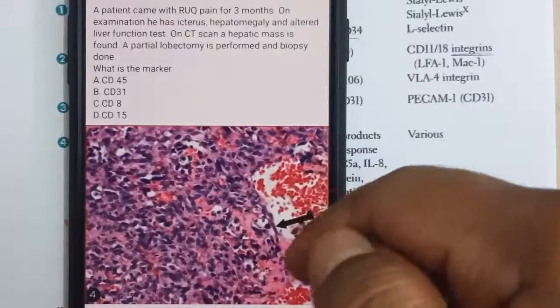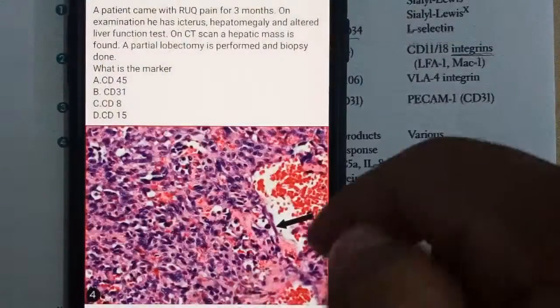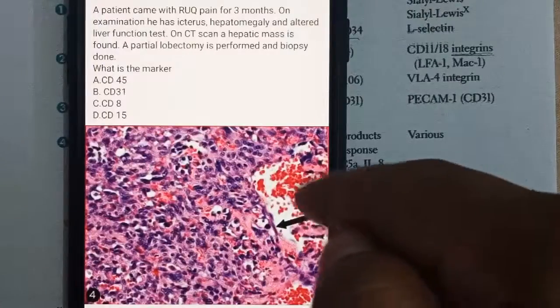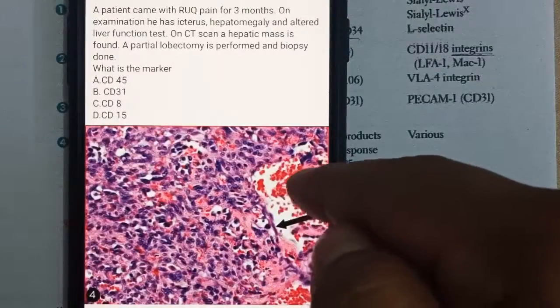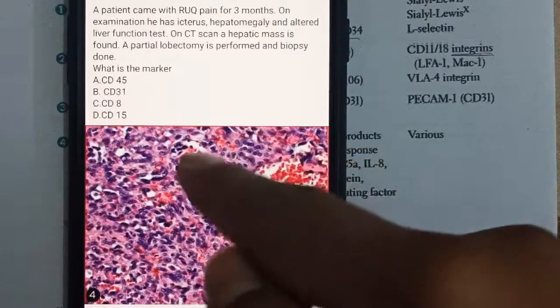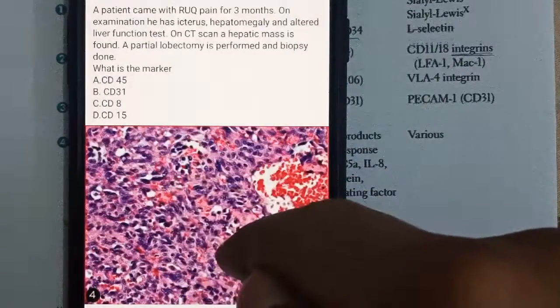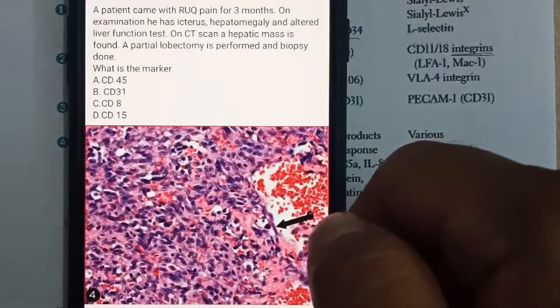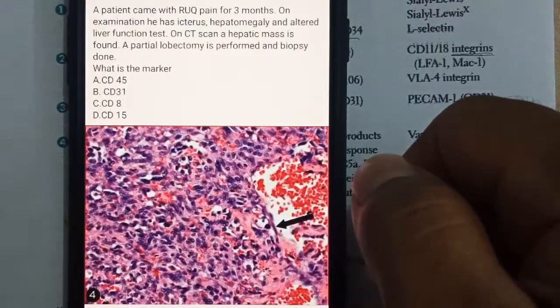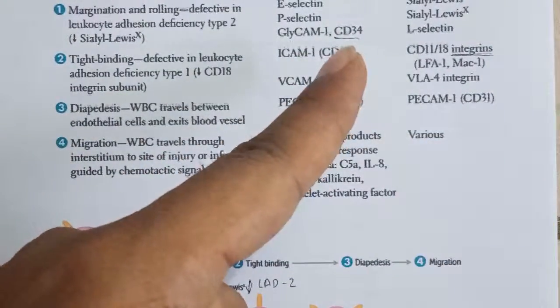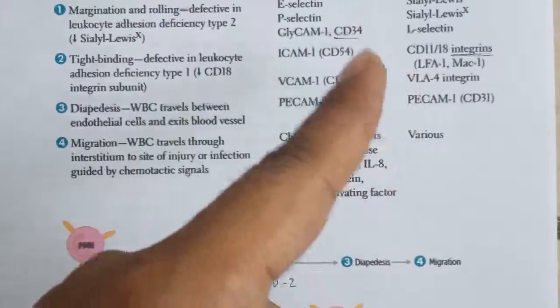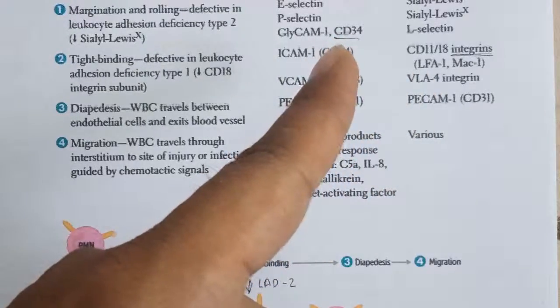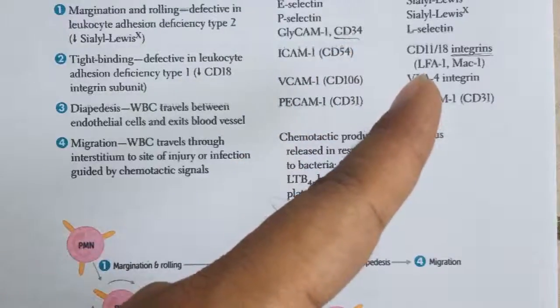Due to this angiosarcoma, there is a proliferation of a lot of lymphocytes all around it. Since there are a lot of lymphocytes proliferating all around, how did they come here? Hepatic angiosarcoma expresses the CD31 marker. If they ask what the CD34 marker is, here we are seeing CD34, right? CD34 is on the corresponding endothelium, and on the leukocytes we have L-selectin.